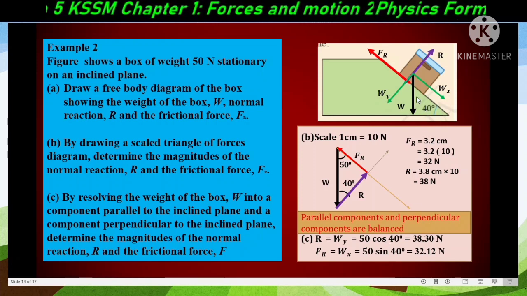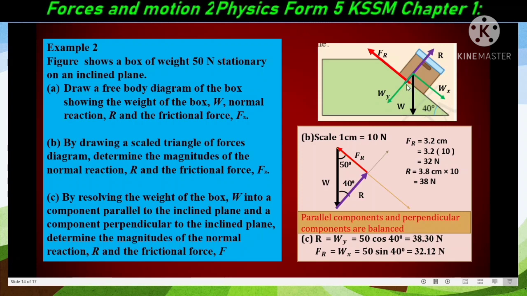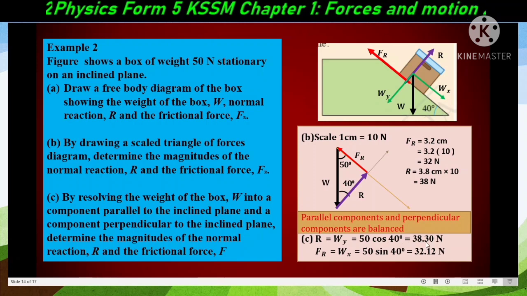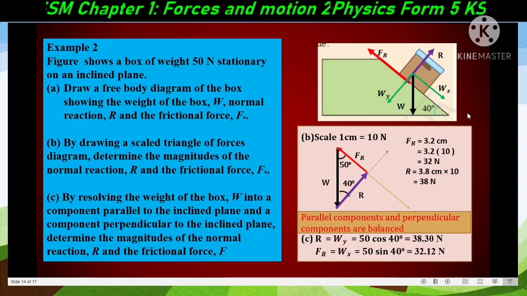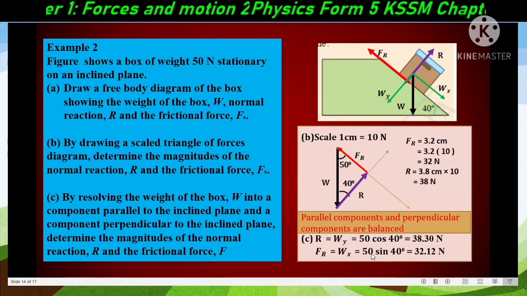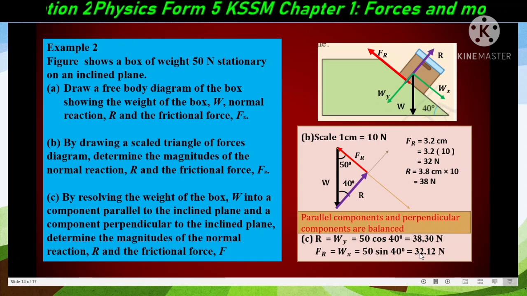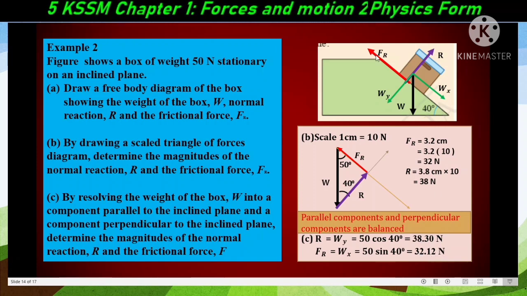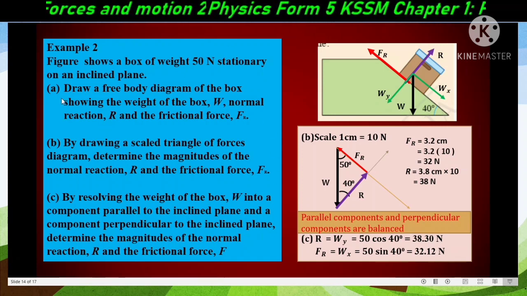This is 40, the angle here is also 40. So you will get 38.30 Newton. For FR equals WX, thus equals 50 sin 40 equals 32.12 Newton. Okay, so this is using the method required.